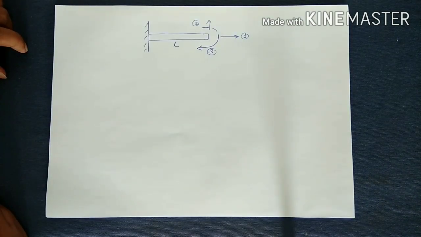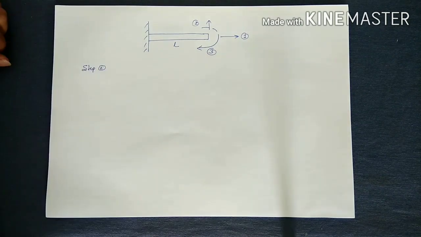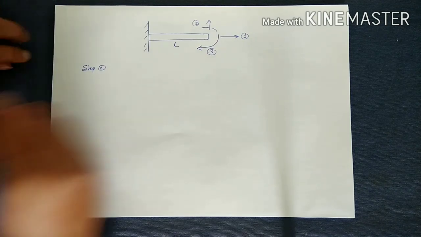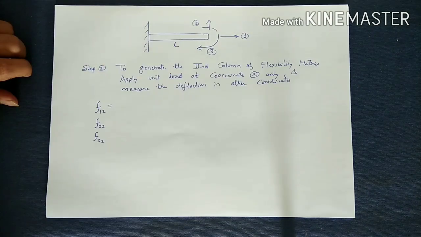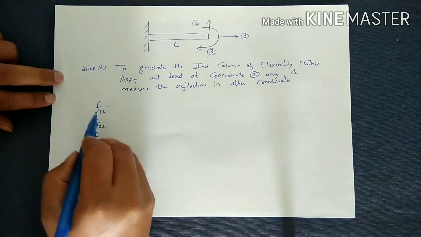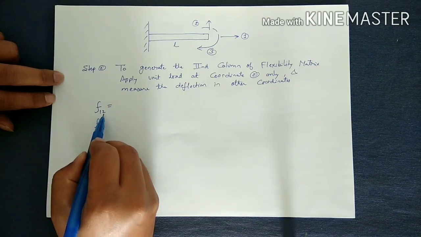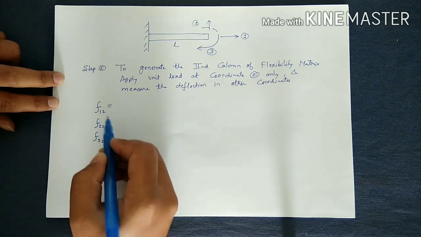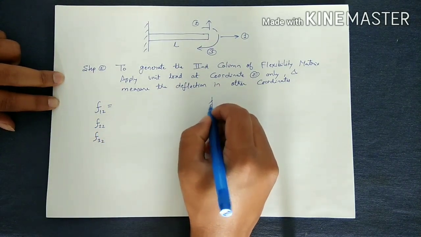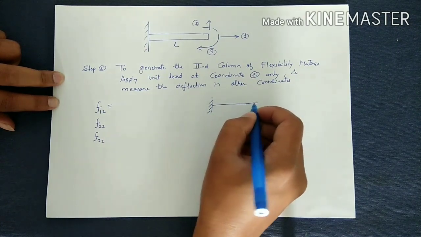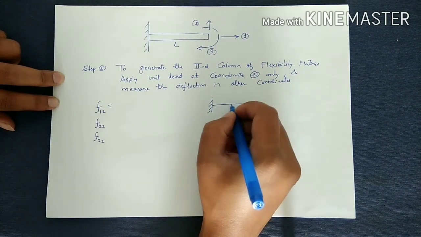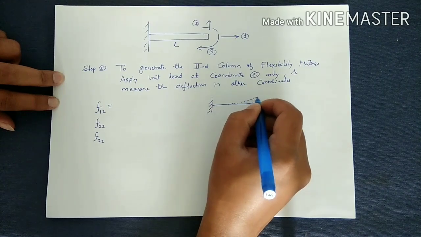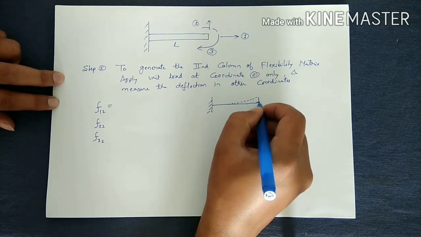Now to generate the second column of the matrix, you have to apply unit load at coordinate 2 only and measure the deflection in other coordinates. So for flexibility at 1 when unit load is applied at 2: if unit load is applied at 2, the beam will deflect in this way, that is in the vertical direction.